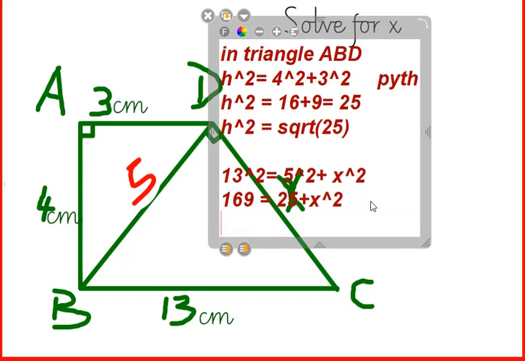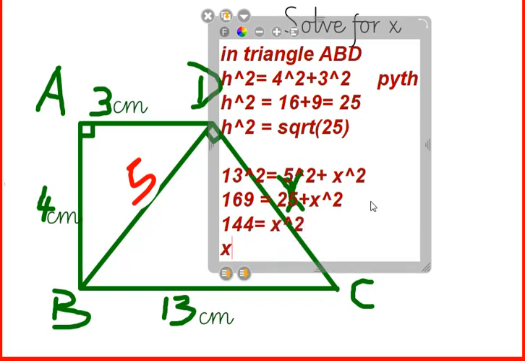So 169 minus 25 is 144, so 144 equals x squared. Then we take the square root, so x equals the square root of 144, which is 12. And so that's our x.